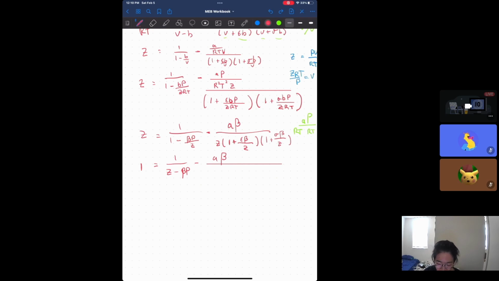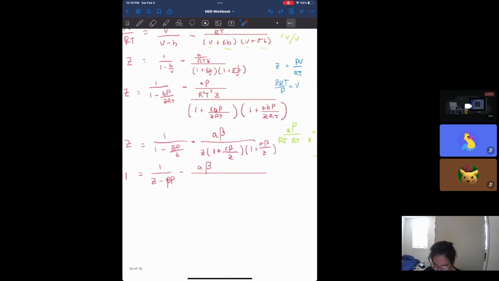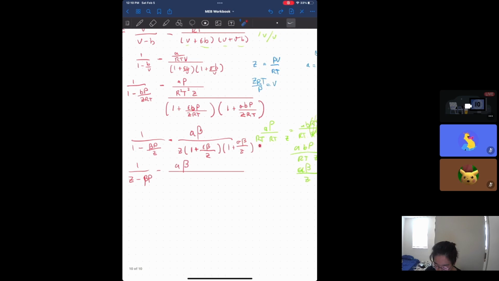And I'll quickly explain. Remember that this z can now distribute in this quantity, and we're dividing by z again, so there's another z here that can distribute in this quantity. So we can clean up the expression a bit by saying that z plus epsilon beta times z plus, sorry, sigma beta. Okay.